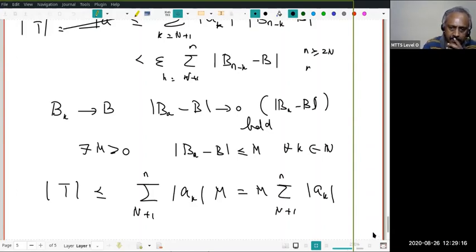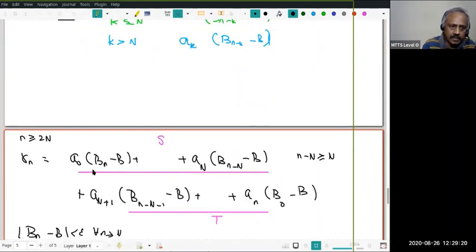You understand? But I want something like this: my gamma n, mod gamma n, is s plus t. Therefore, mod gamma n will be less than or equal to mod s plus mod t. So I want mod gamma n to be less than epsilon. That means I should make sure mod s is less than epsilon by 2, and mod t is also less than epsilon by 2. Do you understand?